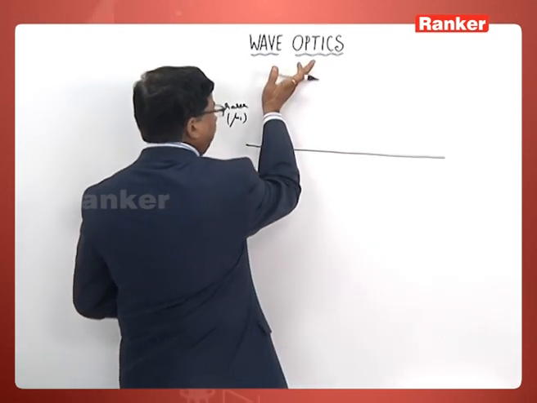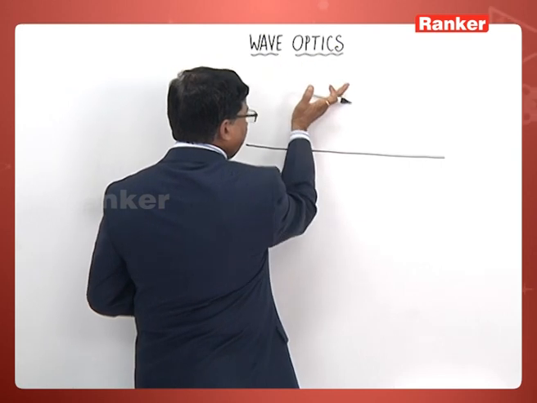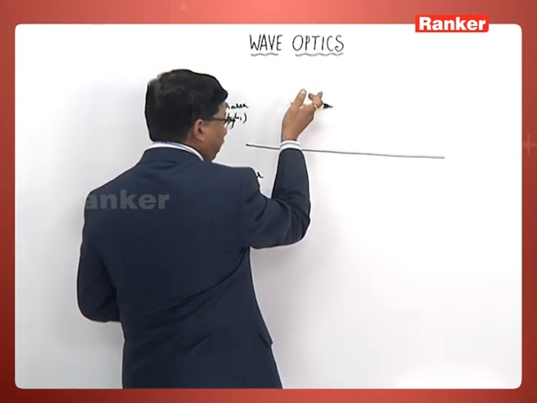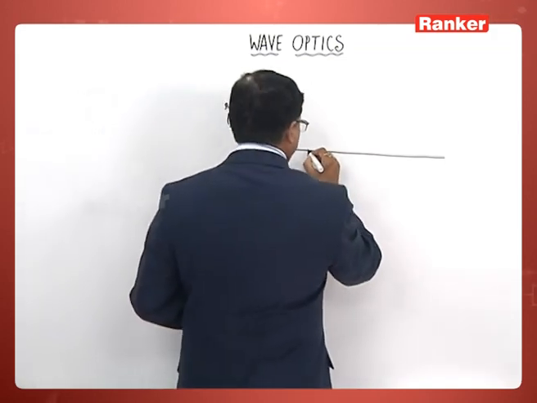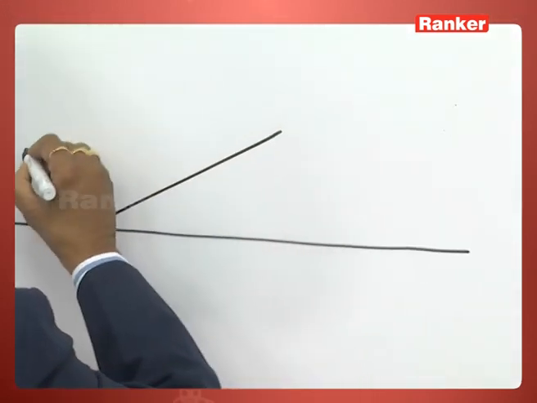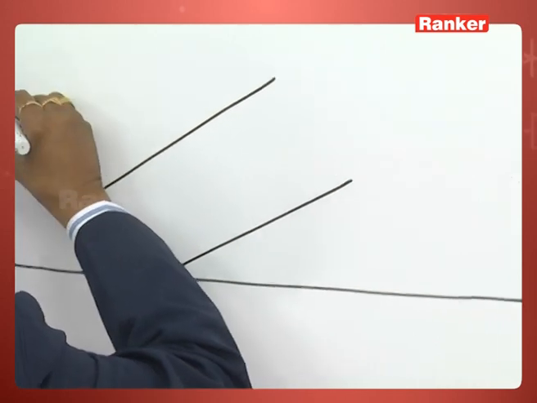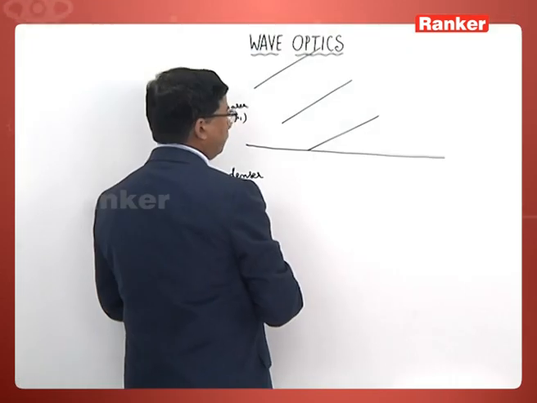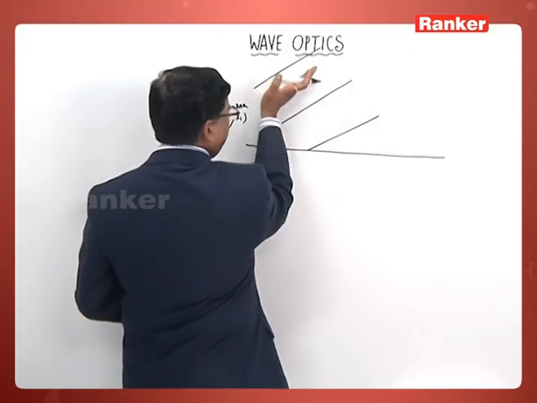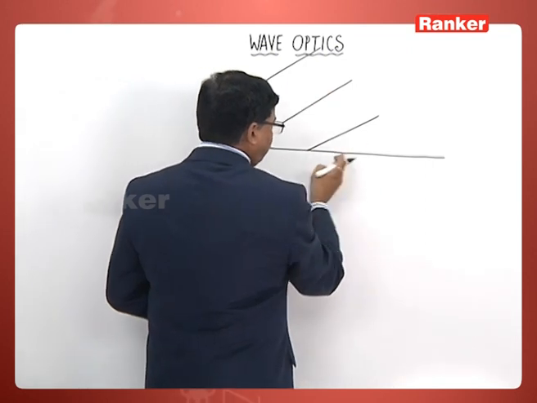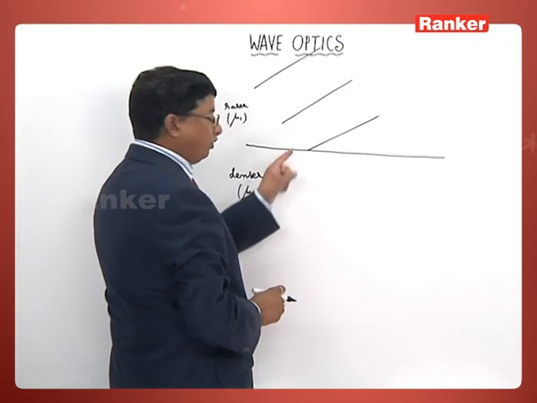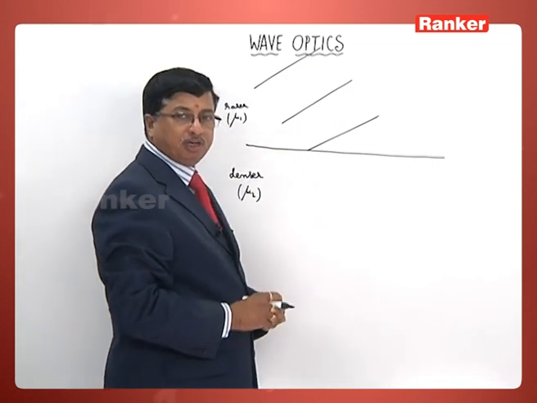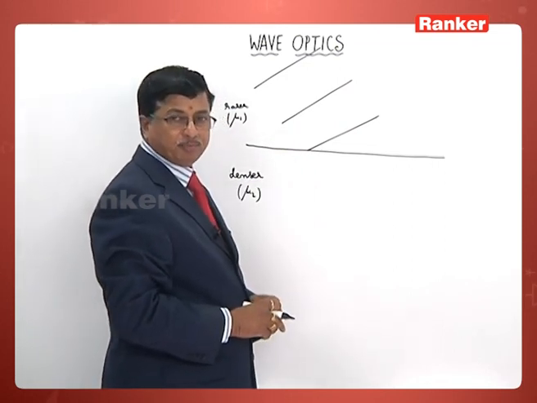Now a wavefront is entering from the rarer medium into the denser medium. That wavefront I draw like this. This is the wavefront. It is advancing like this and striking the surface which separates two material media.